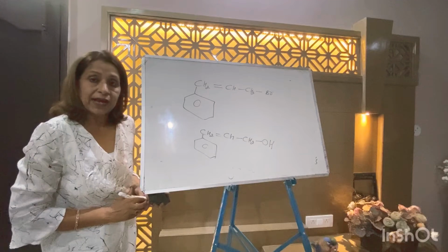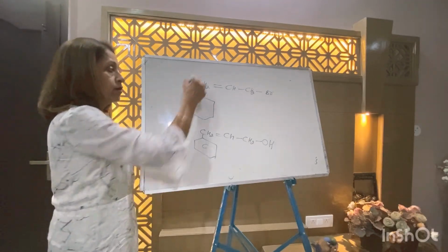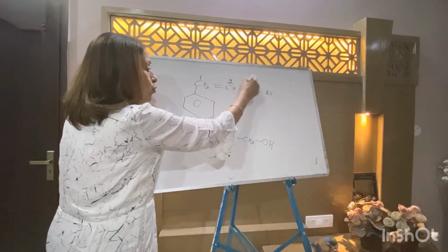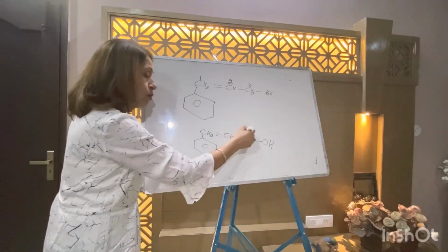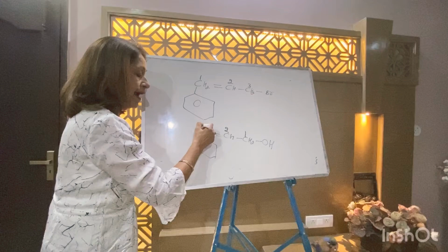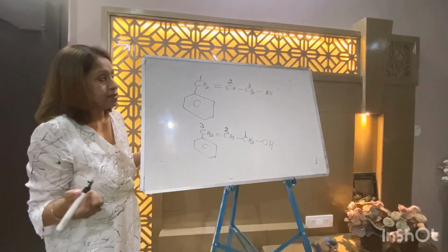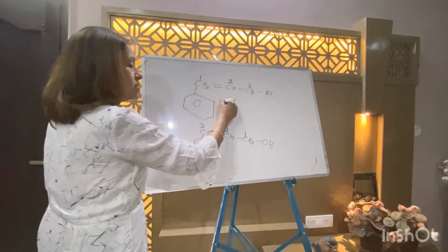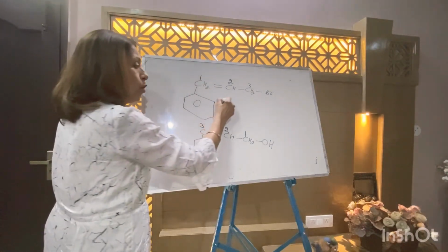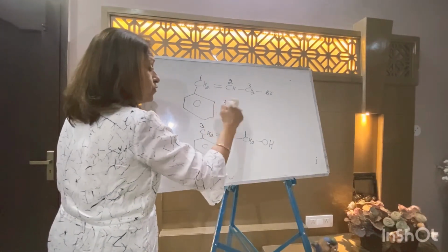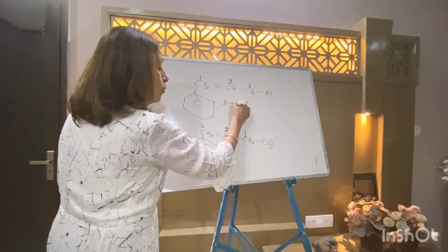You know, in case of halogen, the double bond is preferred. 1, 2, 3. Is it okay? But in this case, alcohol is preferred. 1, 2 and 3. So what is the answer? In the first case, it's your 3-bromo. Always halogen comes first. 3-bromo.